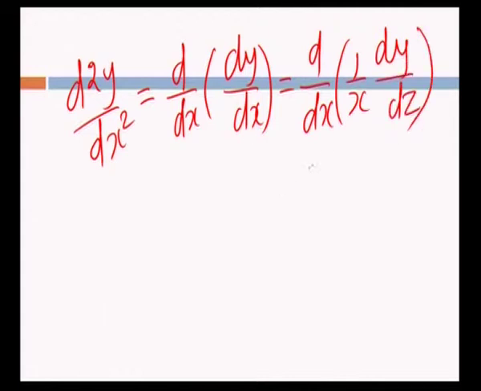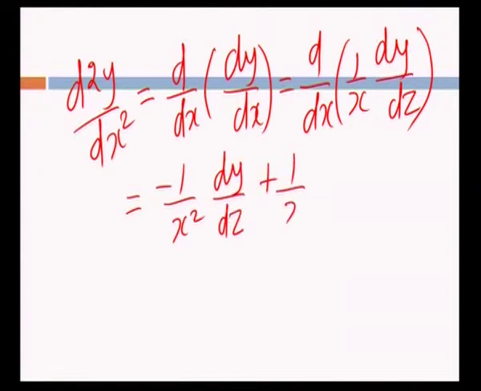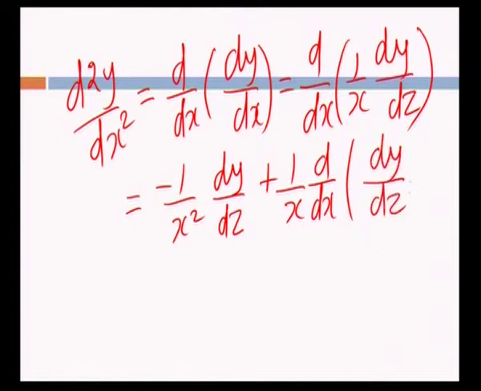This dy by dx value is 1 by x dy by dz, what we obtained in the earlier step, which is equal to minus 1 by x square into dy by dz plus 1 by x into d by dx of dy by dz.